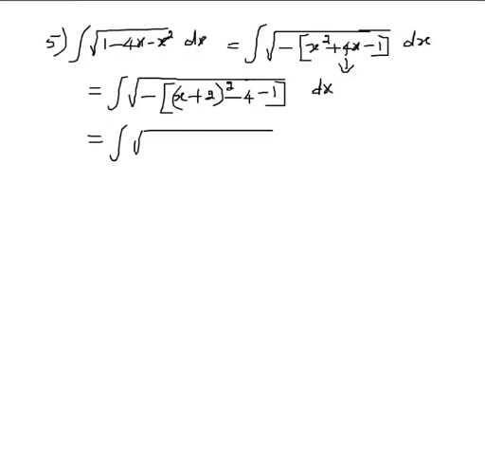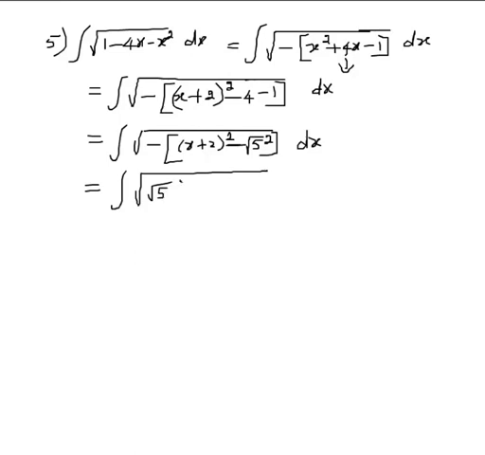Integral root of minus of (x plus 2) the whole square minus 5. This 5 can be written as root 5 the whole square, dx. Let us distribute this negative sign. So plus root 5 square minus (x plus 2) the whole square dx.